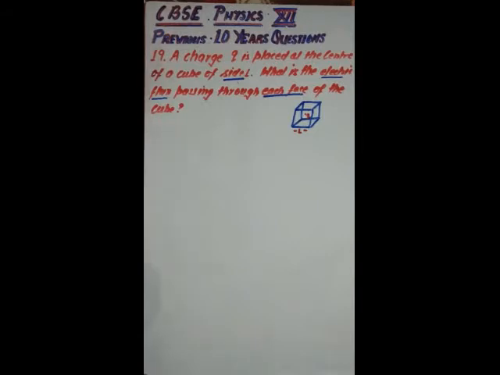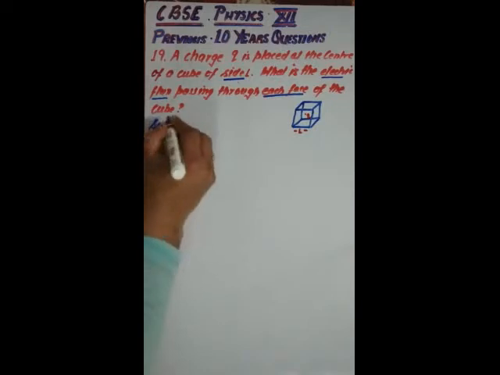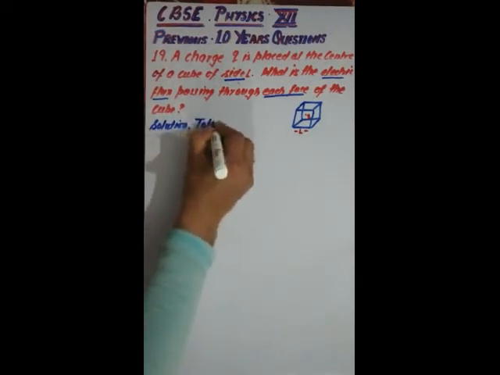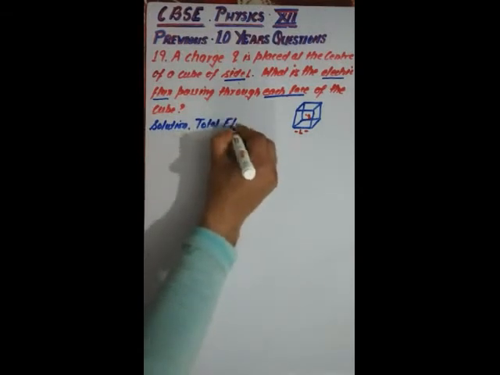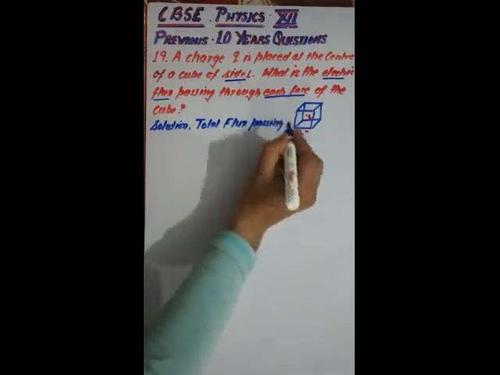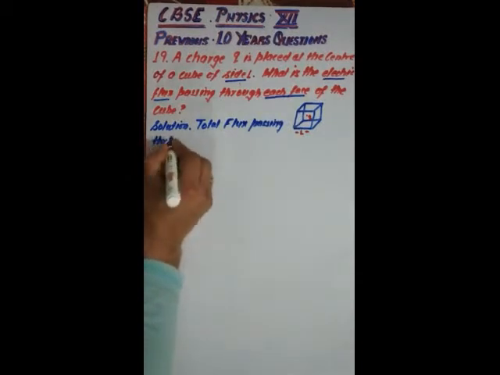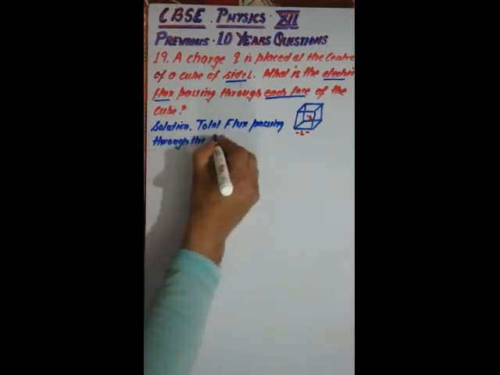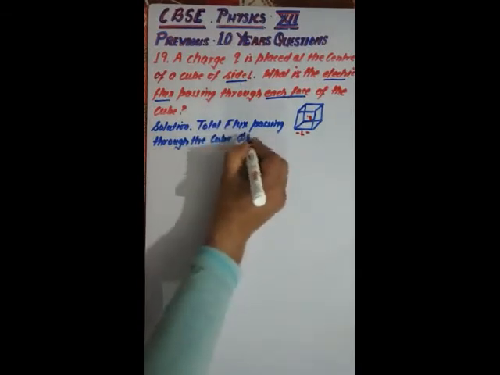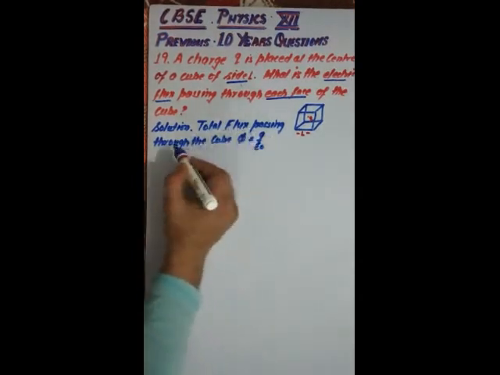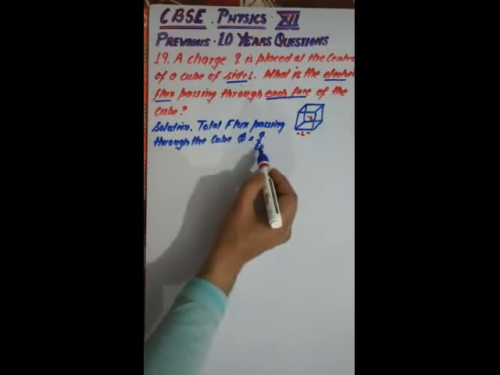So we can write, total flux passing through the cube phi equals Q upon epsilon naught.